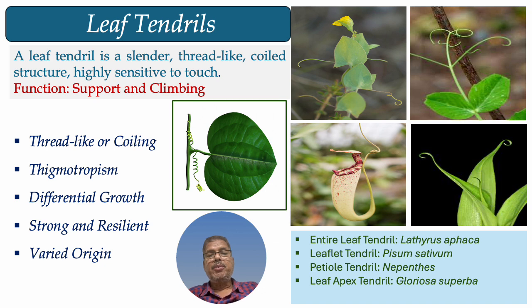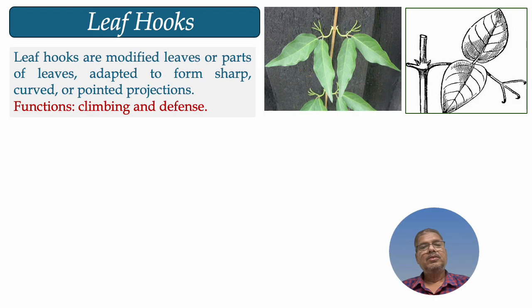The petiole itself becomes elongated and tendrilar in Nepenthes, which connects the pitcher to the stem. The very tip of the leaf apex elongates and coils to form a tendril in Gloriosa superba, that is glory lily. The stipules, the small appendages at the base of the petiole, are modified into tendrils in Smilax.